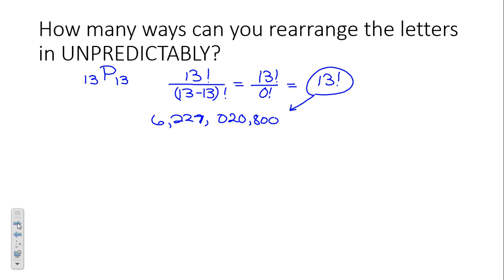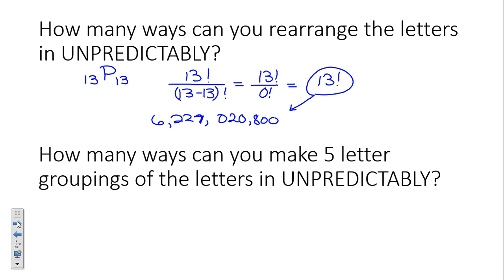Let's do one more quick one. Veronica asked before, are we always going to use a 13 or the same number in both? Well, in this case, we just want to use 5-letter groupings.